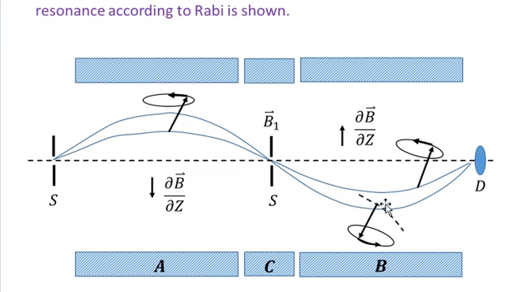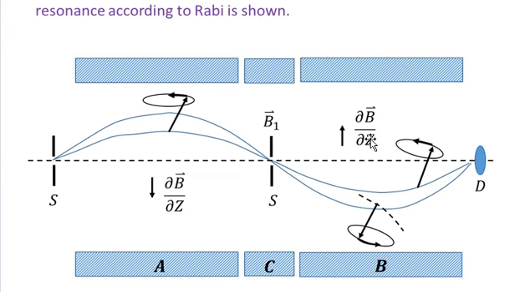I have shown the change of magnetic field with the distance z in the downward arrow for magnet A and in the upward arrow for magnet B, because the z direction is perpendicular to the direction of the dotted line shown, either upward or downward.